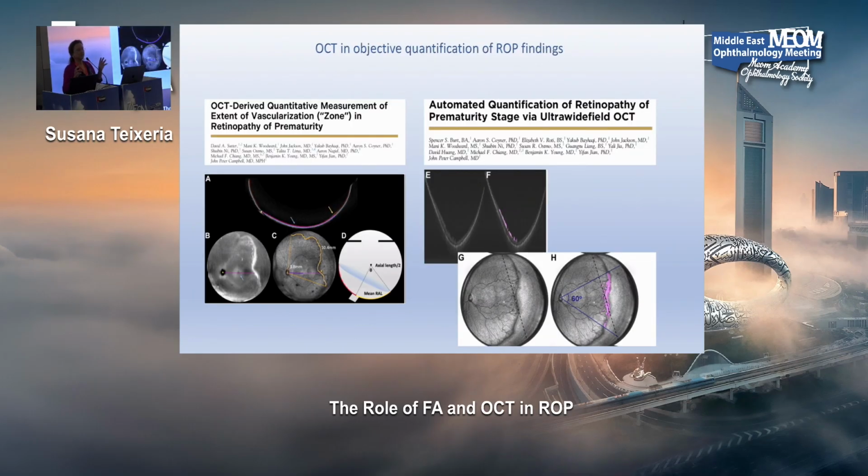And OCT now is used to classify the stage, to tell you the stage objectively, and to tell you the area. So you can know if it's in zone 1, zone 2, or zone 3, and you can make an absolutely objective count of not only the area where the ROP is, but the extension of the ROP.